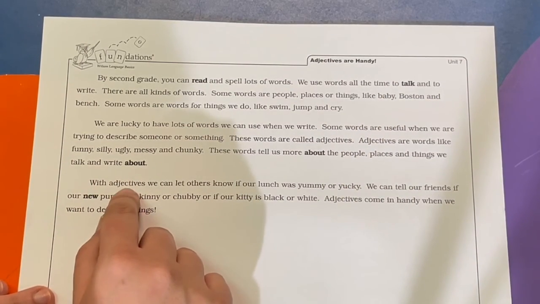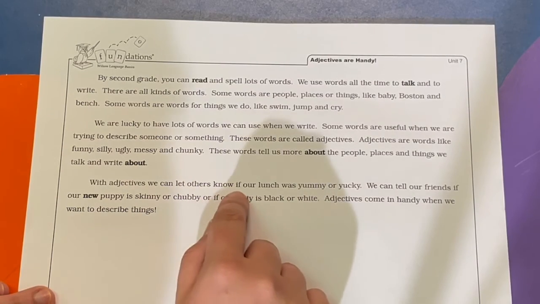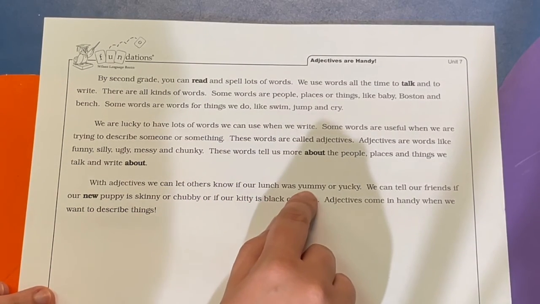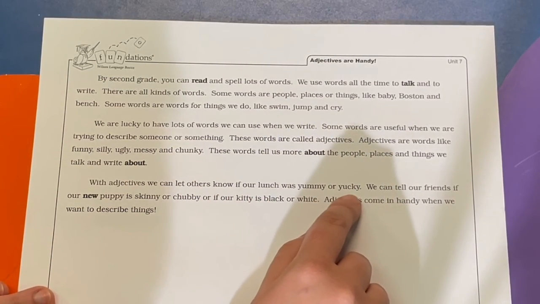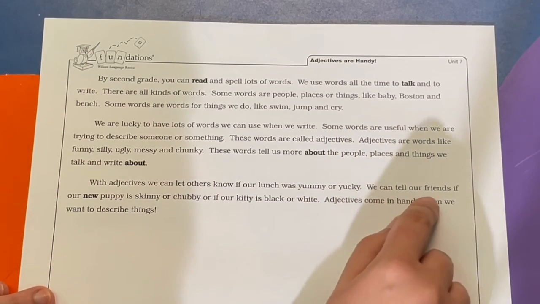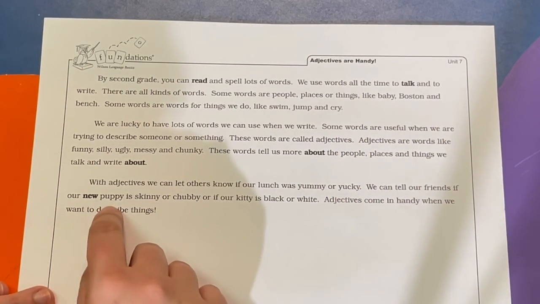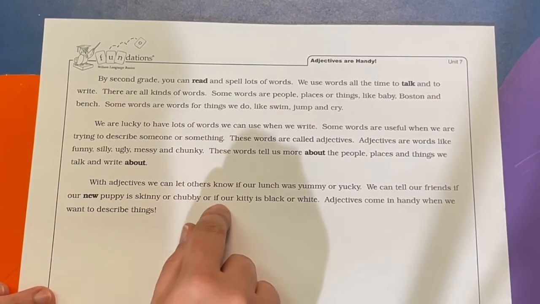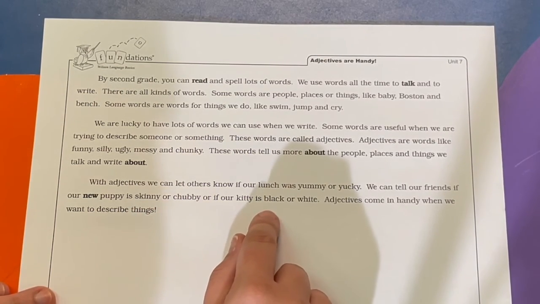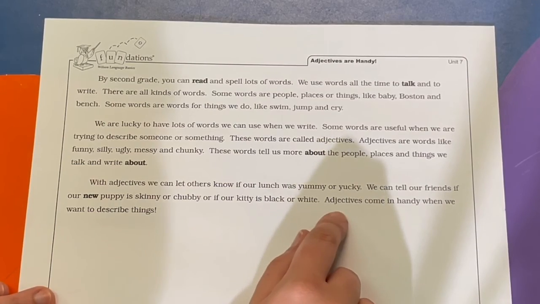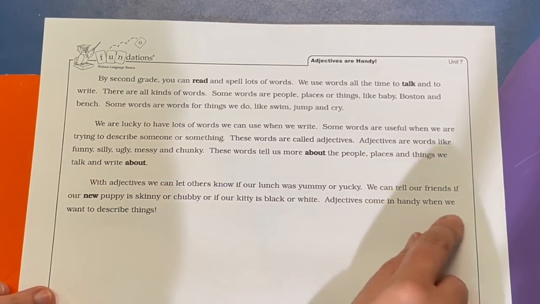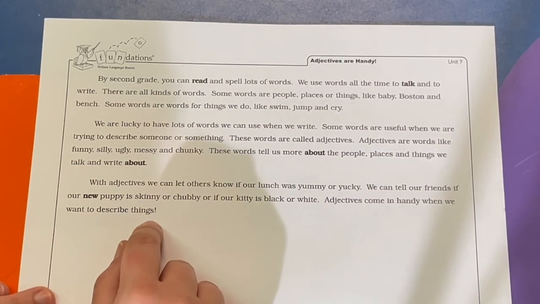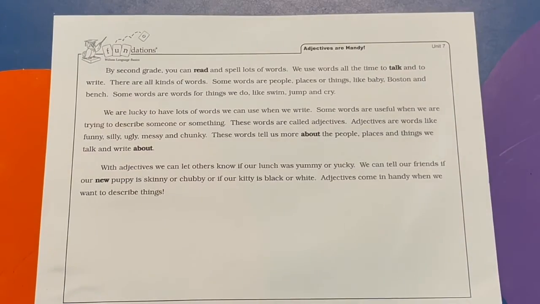With adjectives, we can let others know if our lunch was yummy or yucky. We can tell our friends if our new puppy is skinny or chubby, or if our kitty is black or white. Adjectives come in handy when we want to describe things. Pause this video and you give this reading a try.